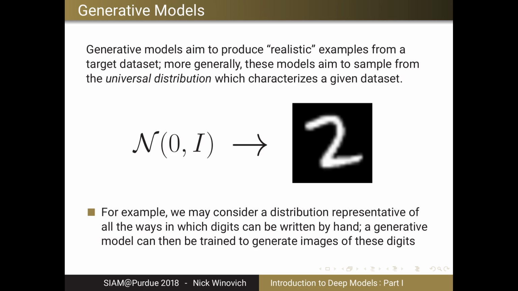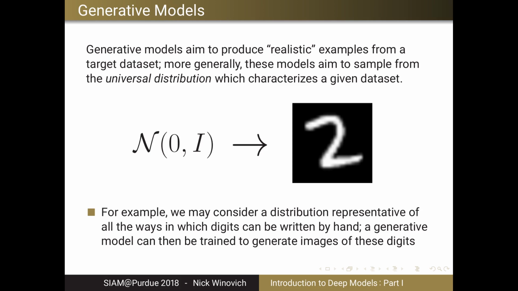A generative model, as I mentioned, is now aiming to produce something. We want an image of a 2, for example, or an image of a handwritten digit. The underlying idea is that we can imagine there's some universal distribution, some defining list of all of the possibilities for a correct handwritten digit.